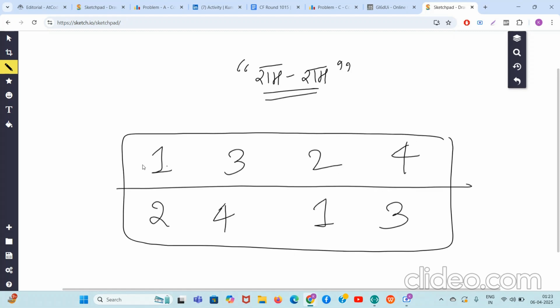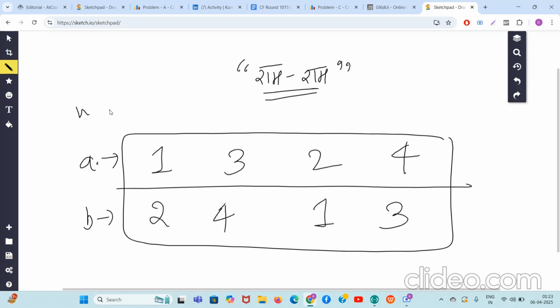Now this is your array A and this is your array B. Both are permutations of size n equal to 4. So you understand this much of the concept, right?